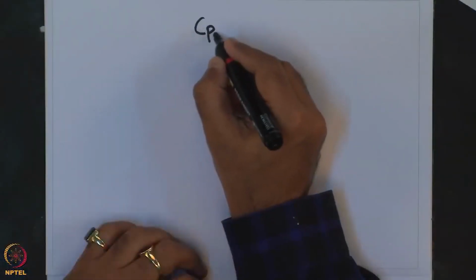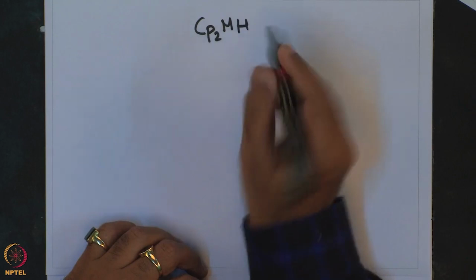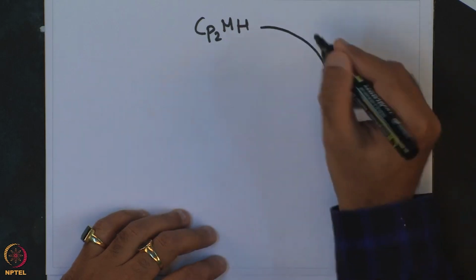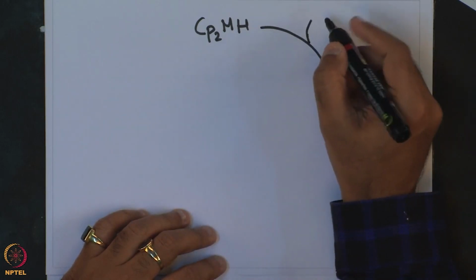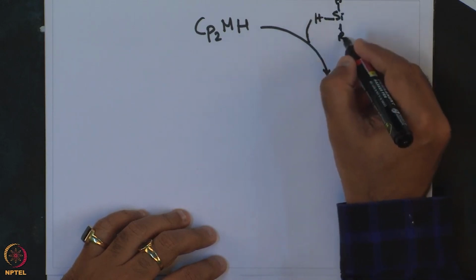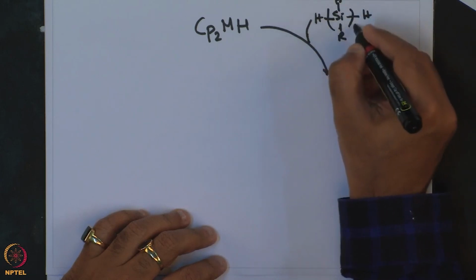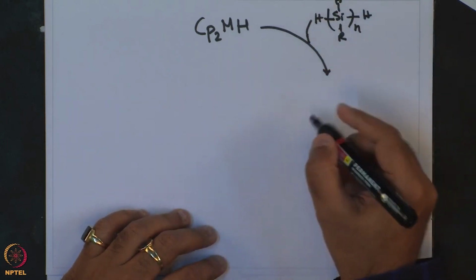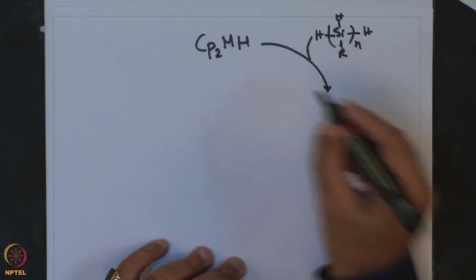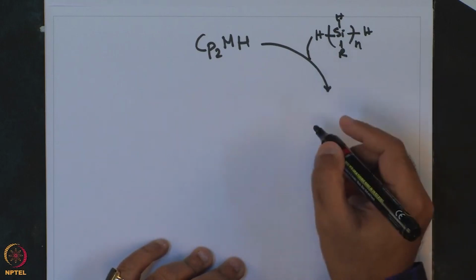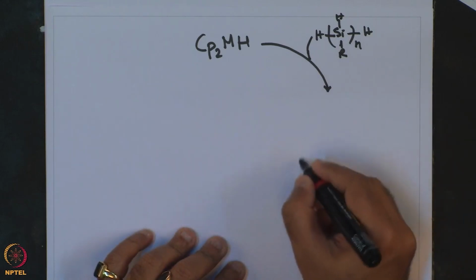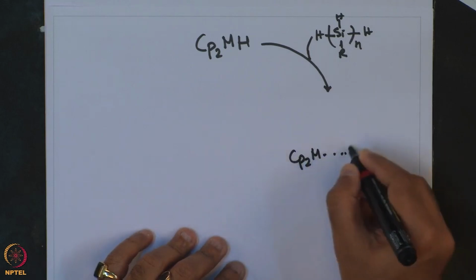So, this is Cp2MH where there are 2 cyclopentadienyl ligands, and then the first reaction is the addition of the silane, H Si H R H. This silane comes and adds and forms a 4-membered sigma bond transition state.